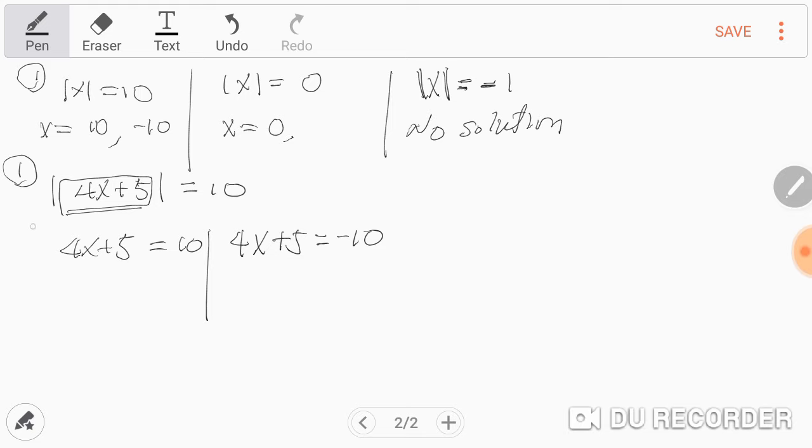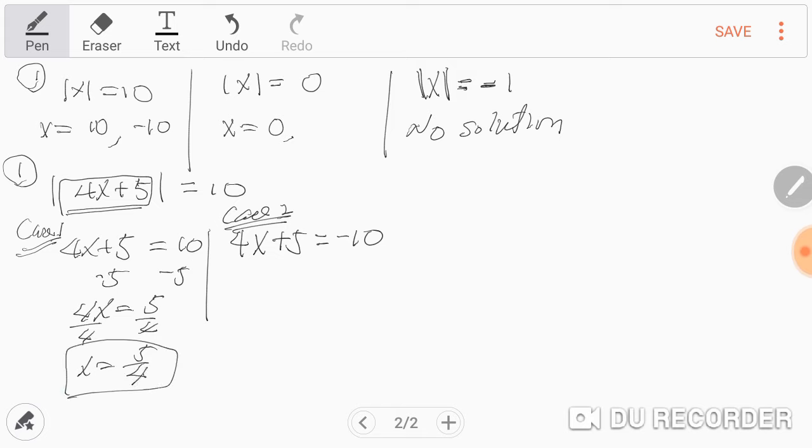This is case 1 and this is case 2, positive 10 and negative 10. Then solve for x for each case. Minus 5 each side: 4x is equal to 5. Divide each side by 4. So x equals 5/4.